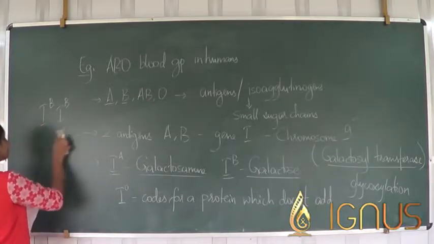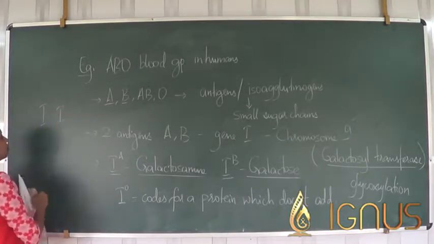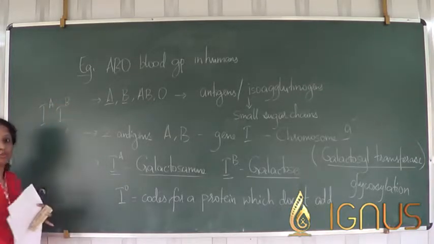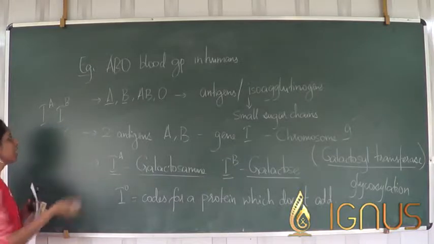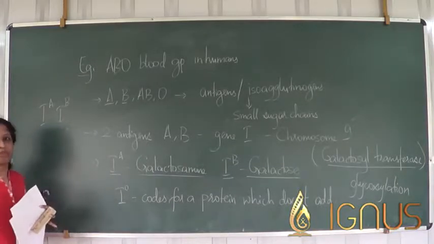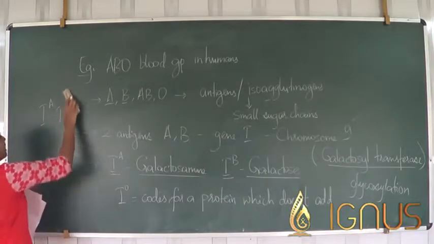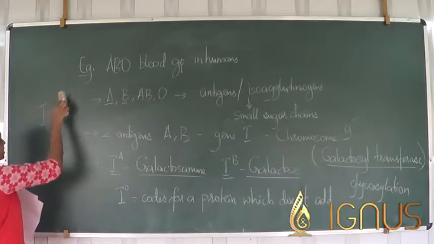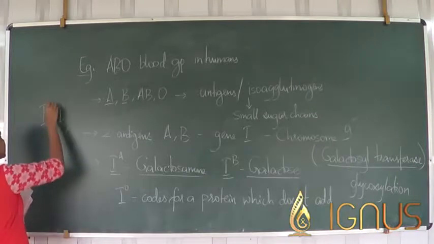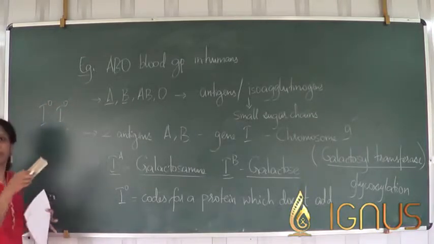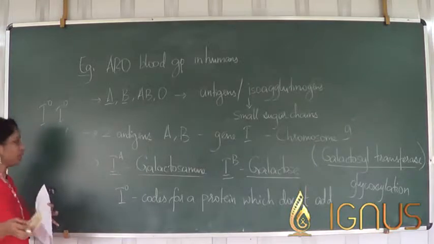Now, in case of AB blood grouping, you have both IA and IB genes. Both of them are getting expressed. So this is an example of codominance. And then you have double recessive, classical Mendelian genetics again, in which case you have blood group O.